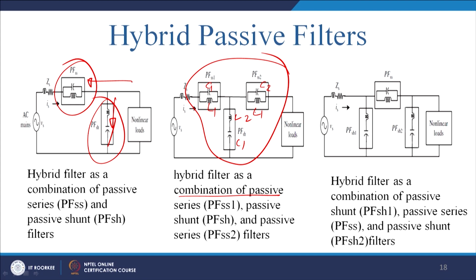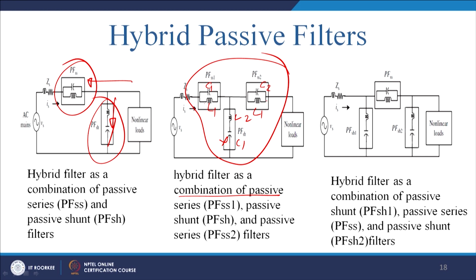Ultimately, L1, L2 and C1 can be combined to eliminate a particular harmonic. This itself can be tuned to eliminate a particular harmonic, and this can block a particular harmonic. This also blocks a particular harmonic, and this combination can allow a particular harmonic to sink. So, this has enough capabilities.